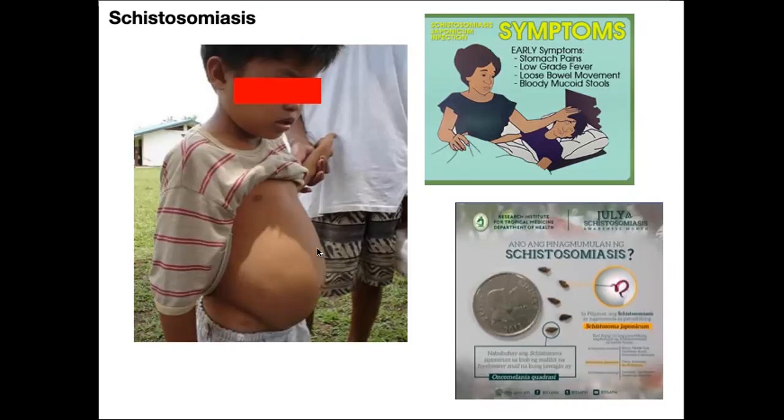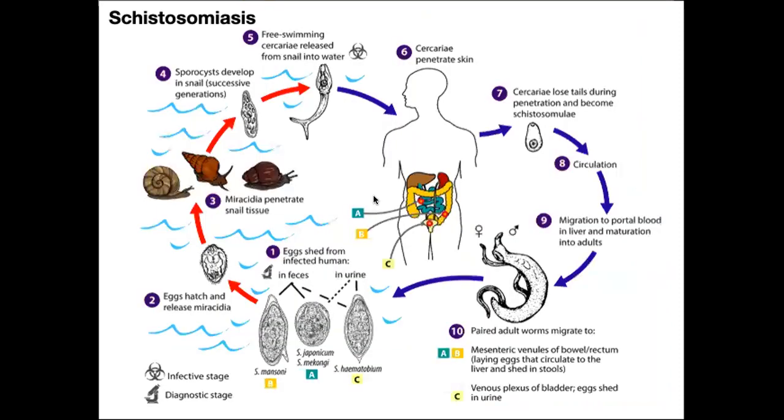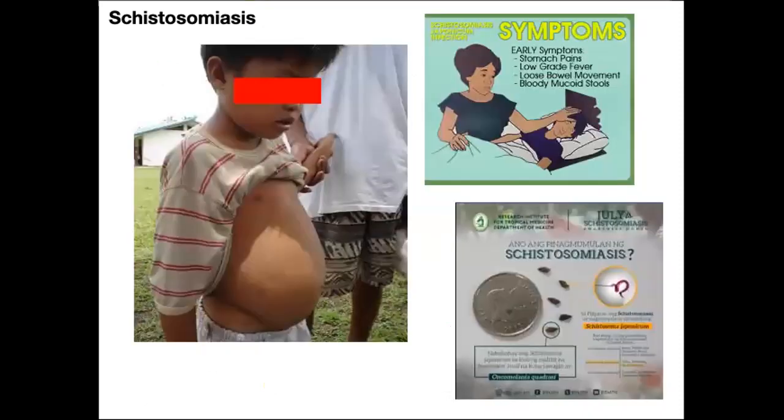This is not actually the stomach that's enlarged, but it's rather the liver. Because this organism, when it infects the host, would localize sa liver. Okay? So this is actually a re-emerging disease in the Philippines.